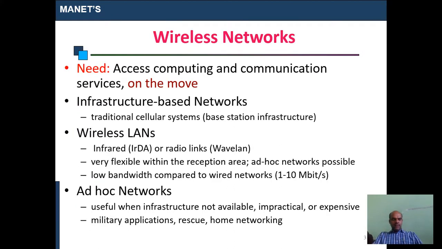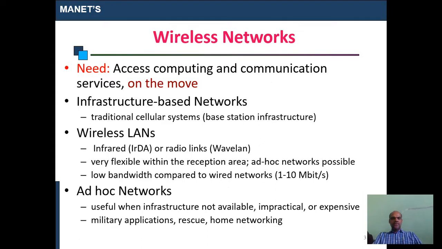So as we know, these wireless networks are used for communication services when we are on the move. Basically, we have infrastructure-based networks, wireless local area networks, and ad hoc networks.